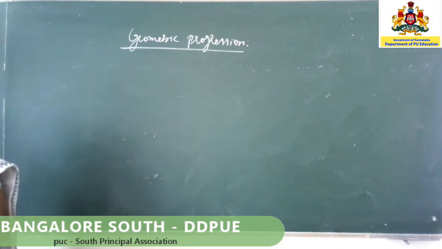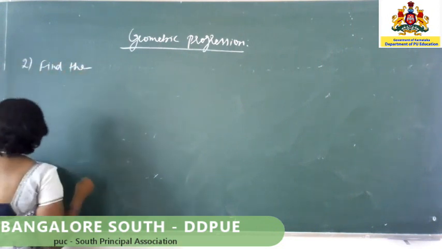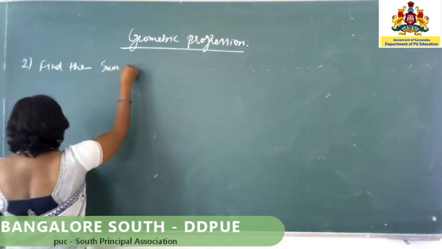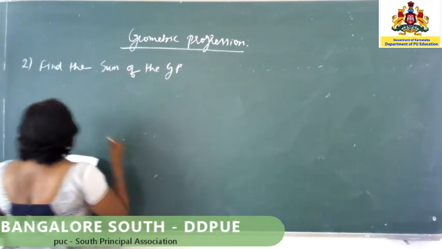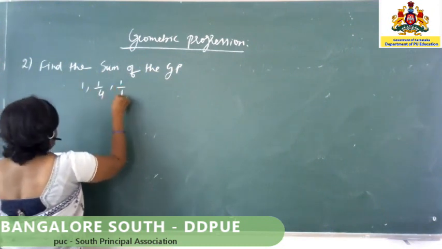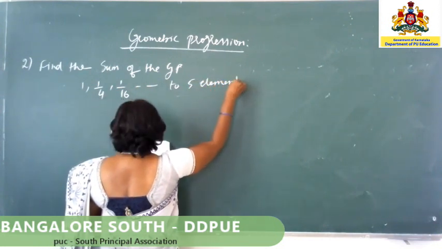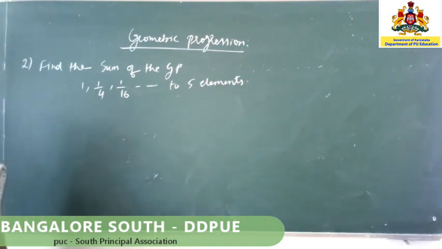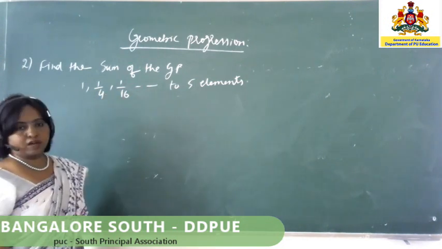Next sum. Find the sum of the GP 1, 1 by 4, 1 by 16, and so on up to 5 elements.